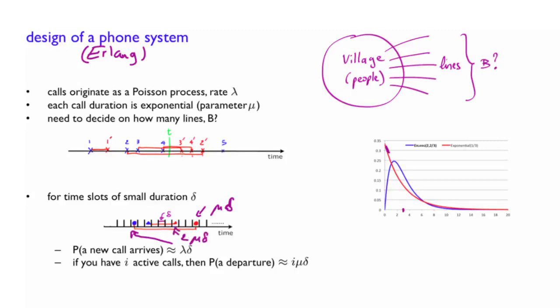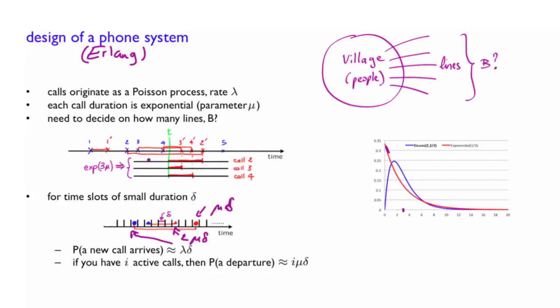Indeed, each of the Poisson processes associated with these calls with rate mu can be combined into a merged Poisson process of rate I times mu, and the call completion will correspond to the time until the first arrival of this merged Poisson process. For example, if I go back here, at time t there were still 3 phone calls active, and I represent here call number 2, call number 3, and call number 4, and their remaining duration.